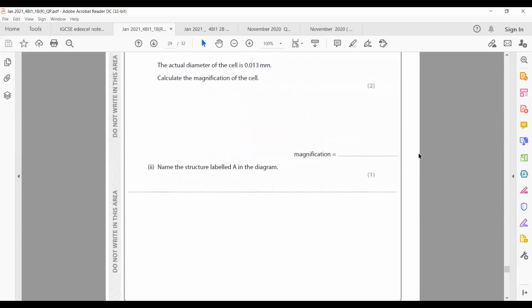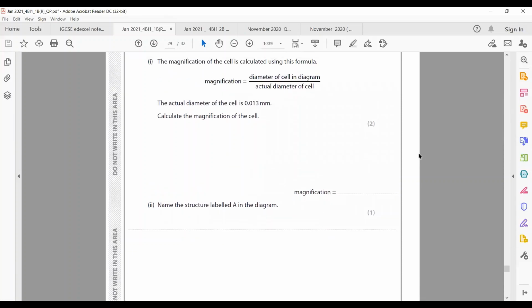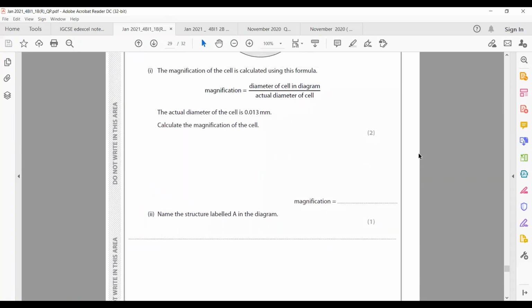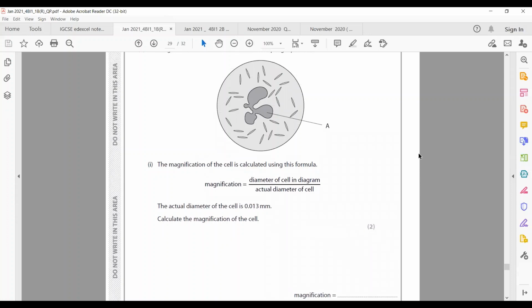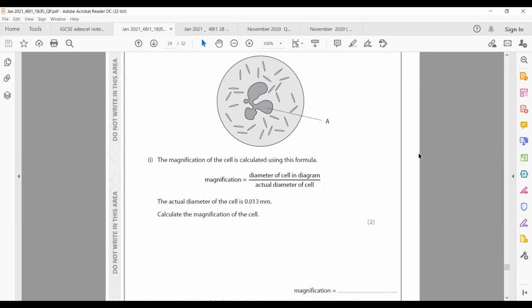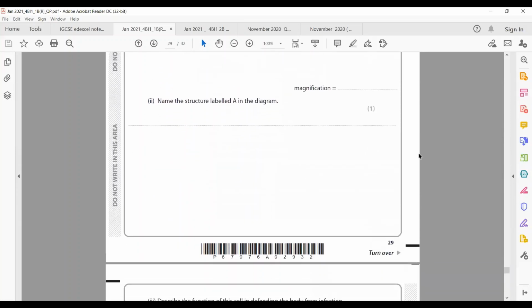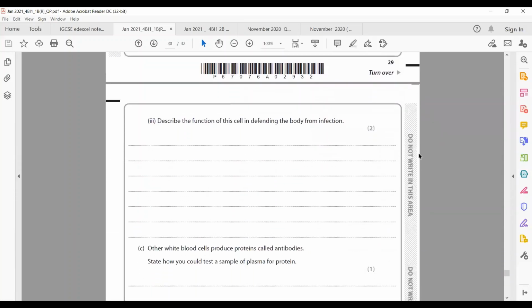Thank you دماس. طيب سلمى, what's the structure labeled A here? The nucleus. Nucleus طبعا، ودي lobed nucleus اللي هي one of the phagocytes طبعا، وهو قايل ان دي phagocyte بتبقى عندها a lobed nucleus. طيب what's next? Describe the function of this cell in defending the body from infection.